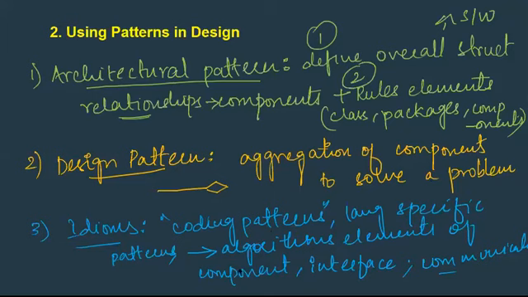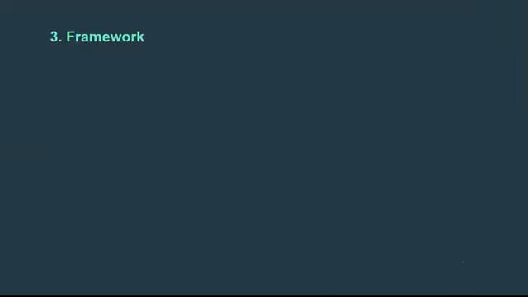That is, if a component is making use of an algorithm to execute a particular task, that is going to be executed within these coding patterns. You're going to identify if there is any interface, and also how there is going to be communication among the different components. So that's the second part, using patterns in design.